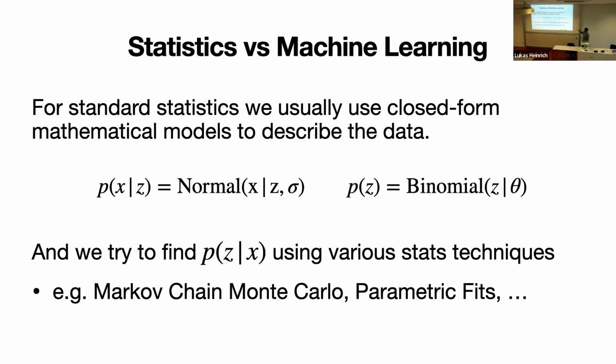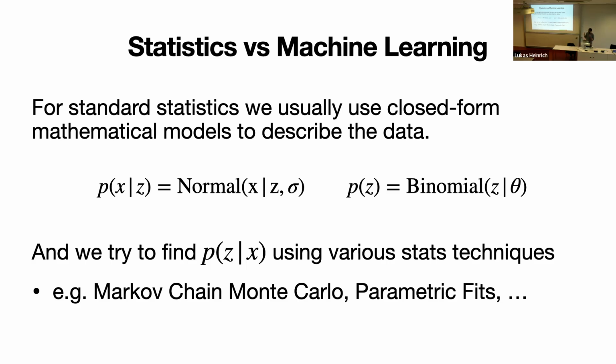These are things where you have some kind of analytic control over how the data is being generated. And then you can find various statistical techniques: Markov chain Monte Carlo, parametric fits, and so on. Once you can write down, with pen and paper, how the data is being generated or how it's related to the concept, then it's easy.